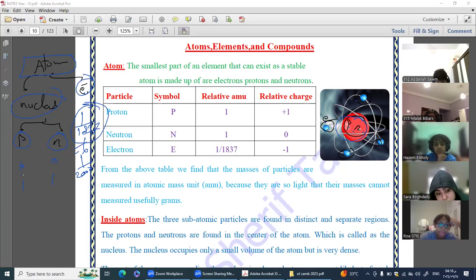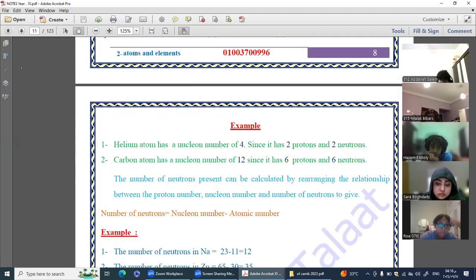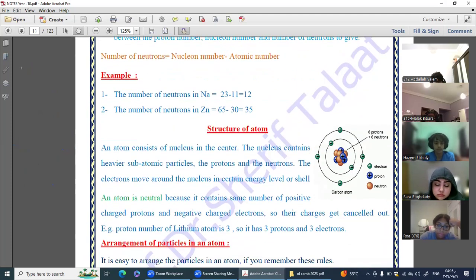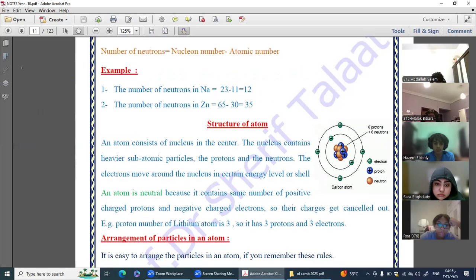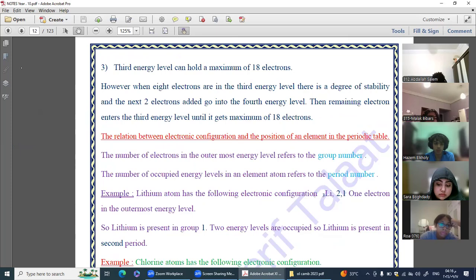In any element, if we have any element, we have a number written down and a number written up. What's the difference between the number written down and the number written up?